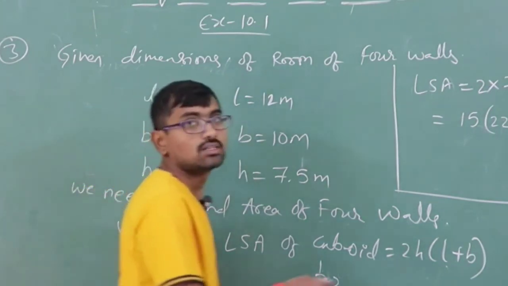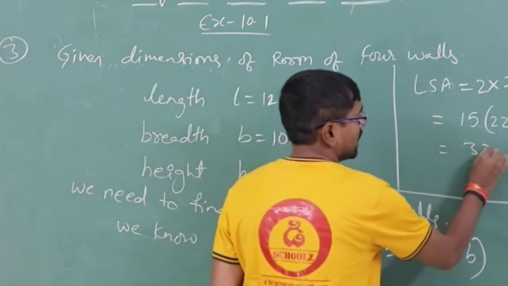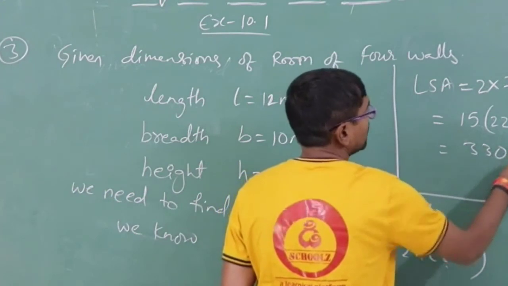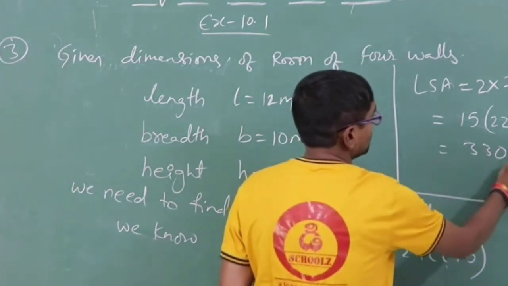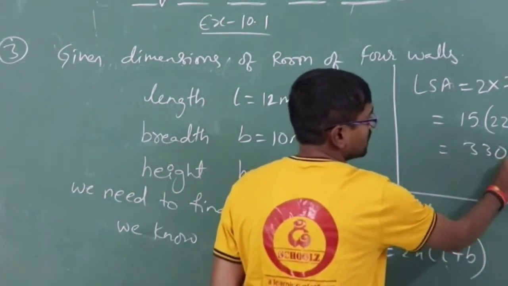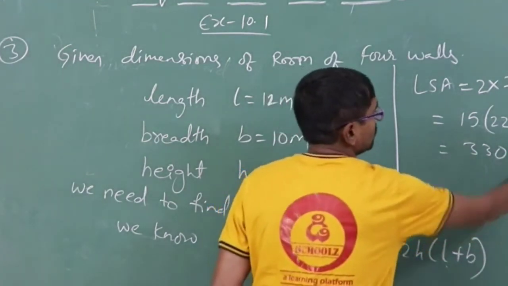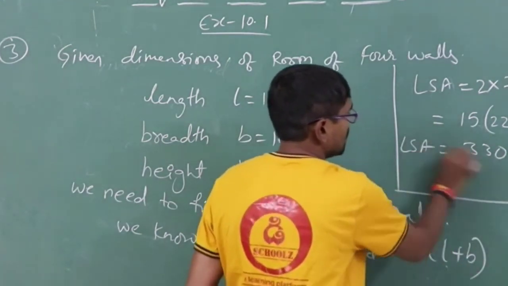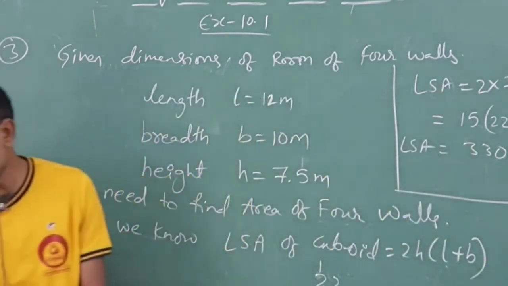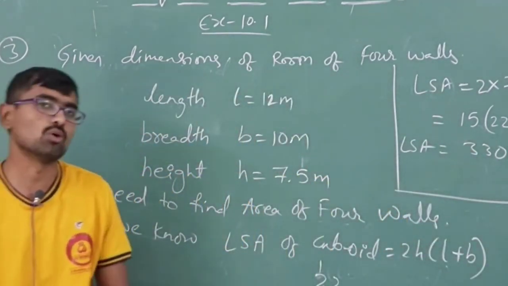So 330. Not centimeter; he had given in meters, so this also we have to take in meters. So 330 meter square is the area of 4 walls of the given cuboid.